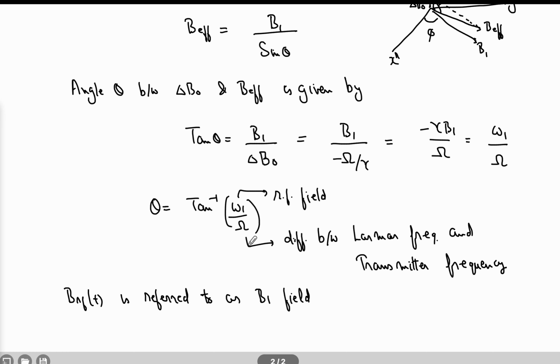Okay. So now in the rotating frame, when the B1 field is applied, the MRT rotates about the B effective with an angular frequency of omega effective, right? So now let us see what I mean.